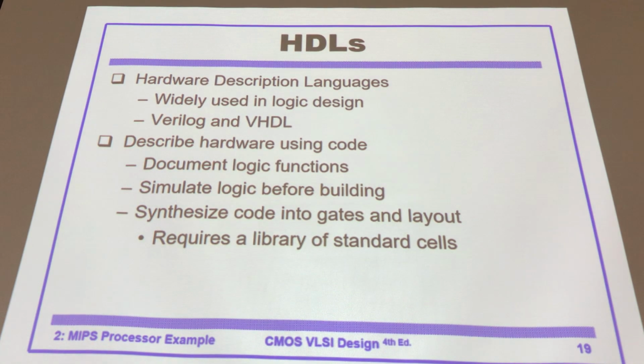You don't have to build a real circuit immediately. Before that, try to simulate your design. After you make sure that, okay, there should be no bug, then you can implement the chip, implement the system. Using synthesizing code into gate and layout.